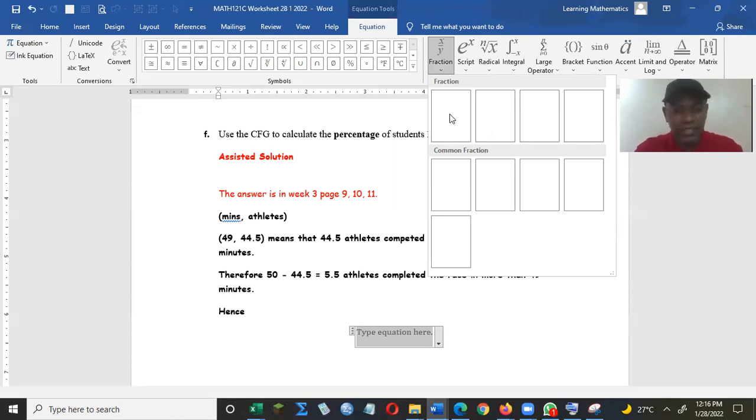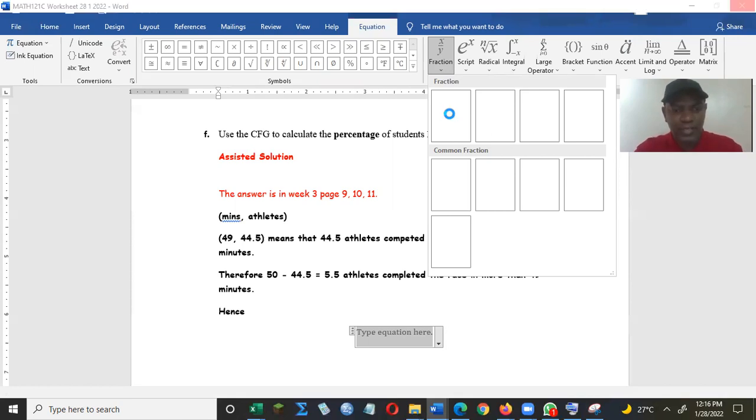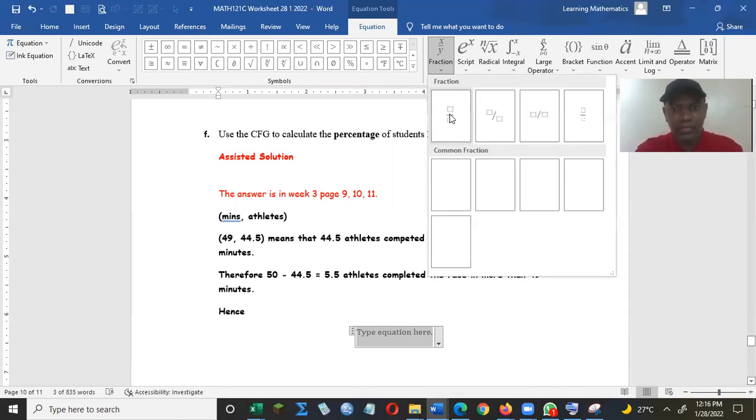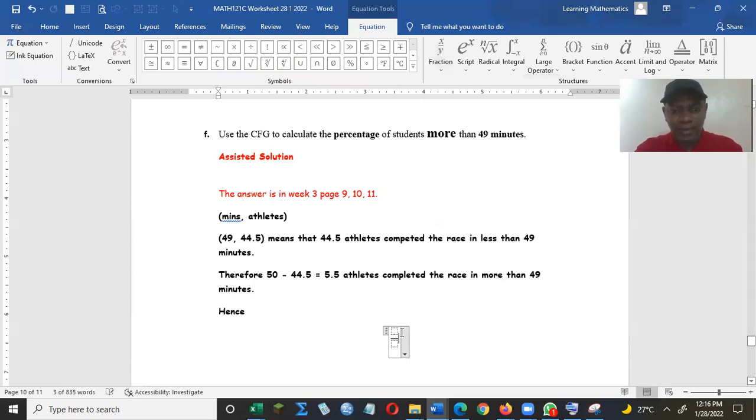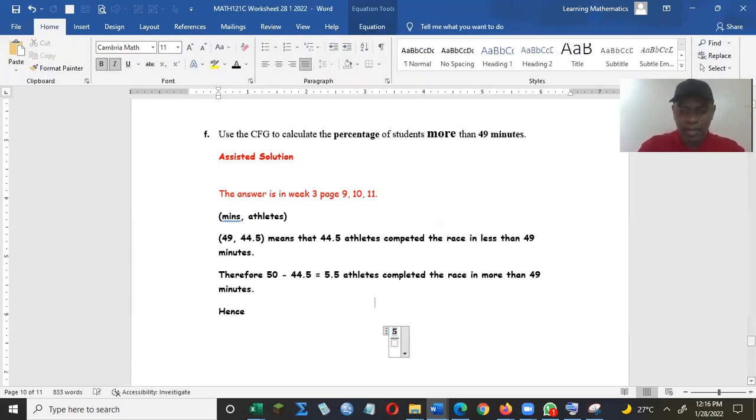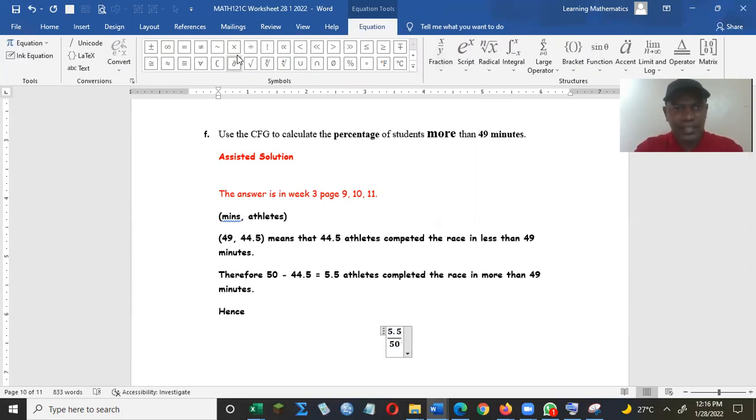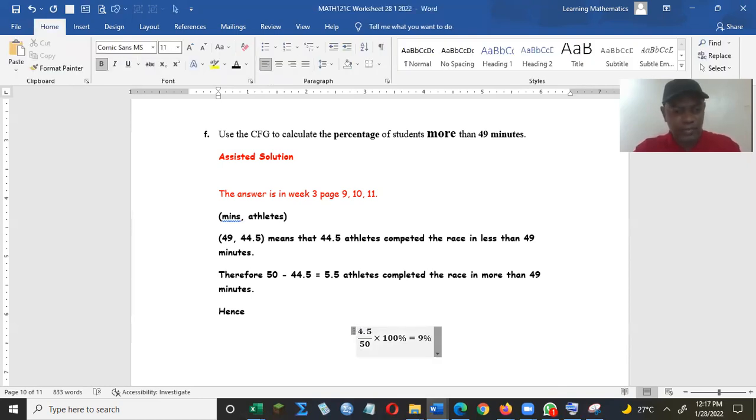We want to convert that 5.5 to a percentage, because 5.5 athletes completed in more than 49 minutes, but 5.5 out of the 50, times 100%, converting a fraction to a percentage, and that will give us, well, 50 into 100 goes 2 times, 2 times 4.5, that will give us 9%.